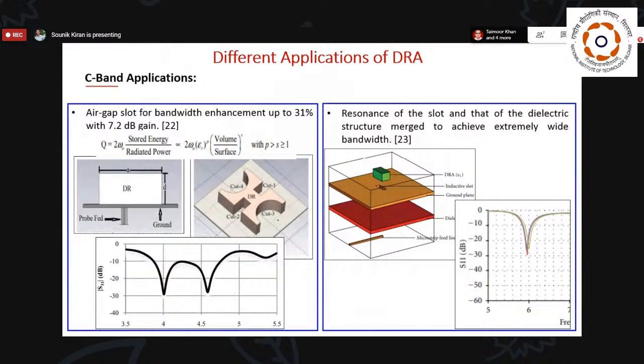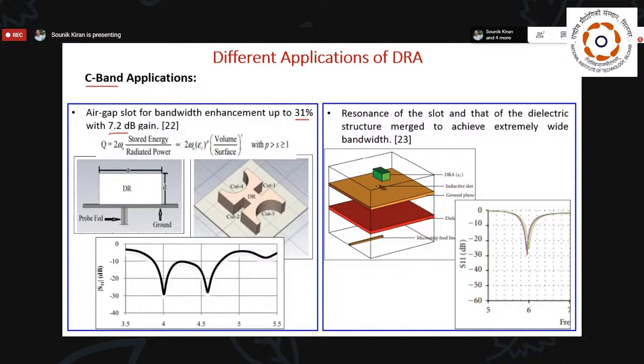They have clearly shown how they have used the hybrid DRA. They took the normal DRA, then changed the DRA to different shapes, and were able to achieve a C band with 31% bandwidth. So if you look here, these ideas give clear information that DRA can be used.